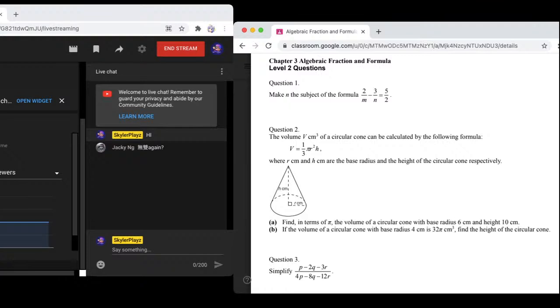And then we just figure out h times what will equal 32. Then finally, h is equal to 6. And then the height is 6 cm.